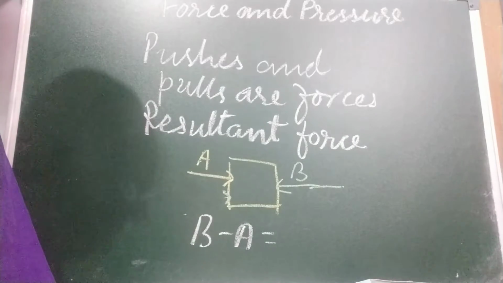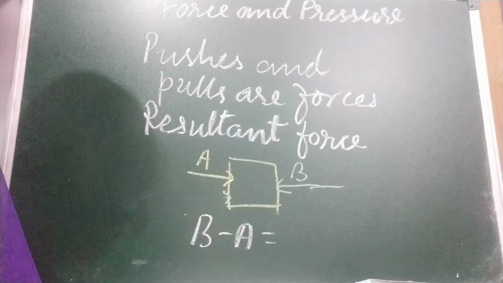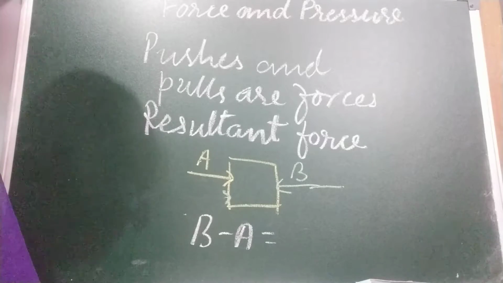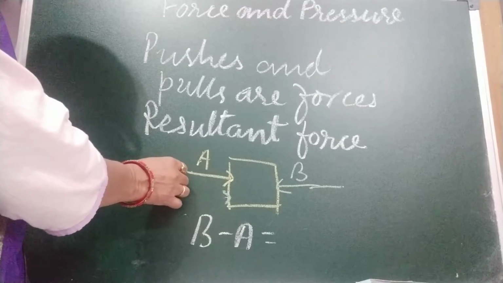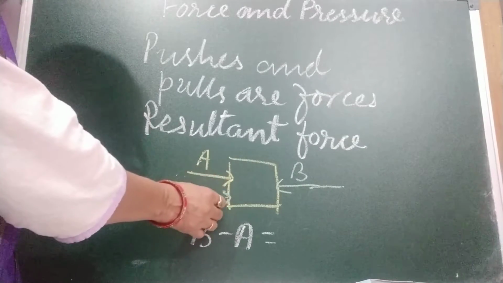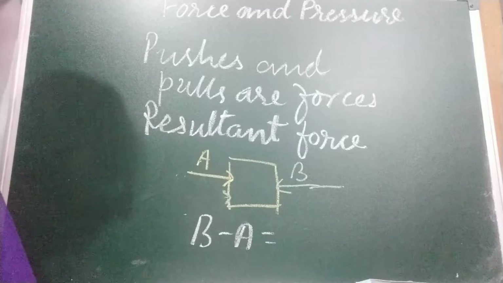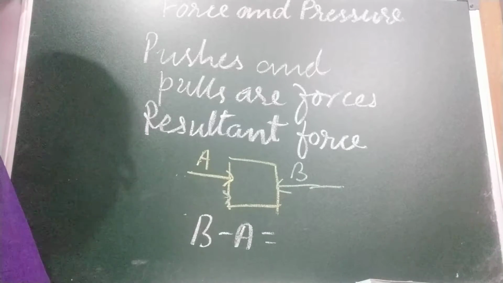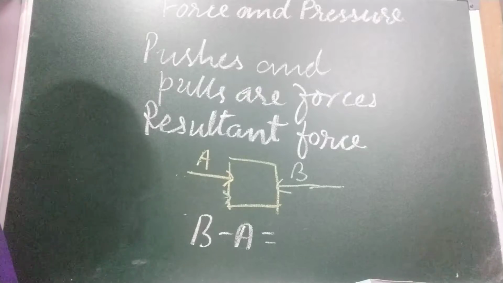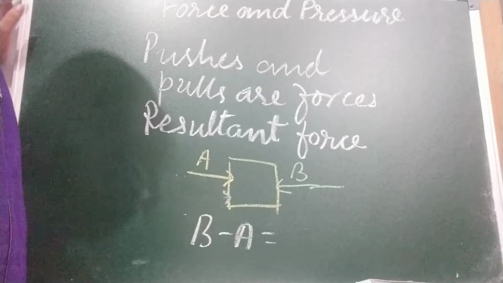Okay. A force can be described by stating its magnitude and direction. So magnitude is clear, that how much force we are applying, and second is direction. If in the same direction, then it would be the sum. If in opposite direction, then it would be the difference. Okay.